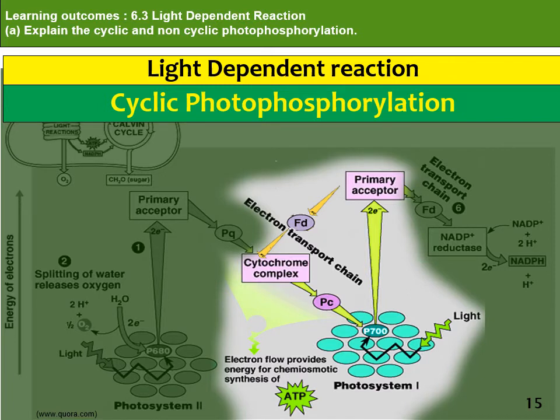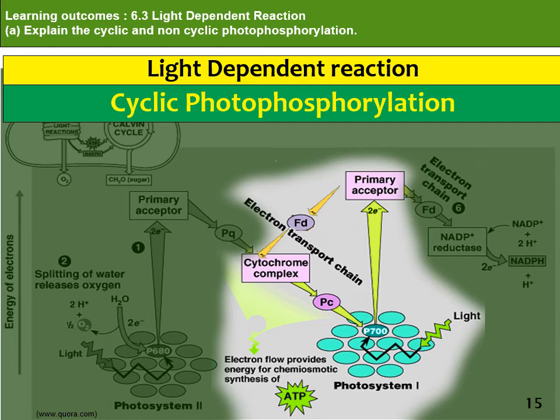For cyclic photophosphorylation, it only involves photosystem 1. Under certain conditions, photoexcited electrons from photosystem 1 can take an alternative pathway, the cyclic electron flow.